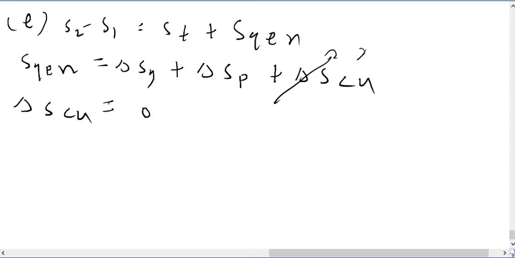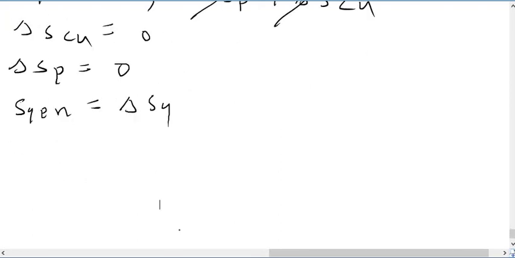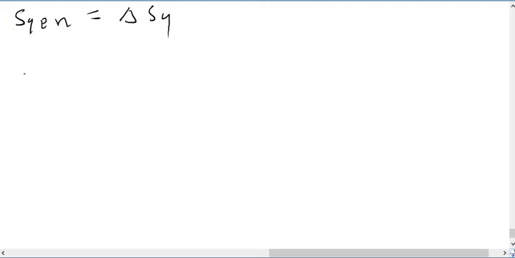So therefore the entropy change of piston is 0. So entropy change is 0. So now the entropy generated is equal to the change in entropy of the gas. So now we apply the constitutive relationship.